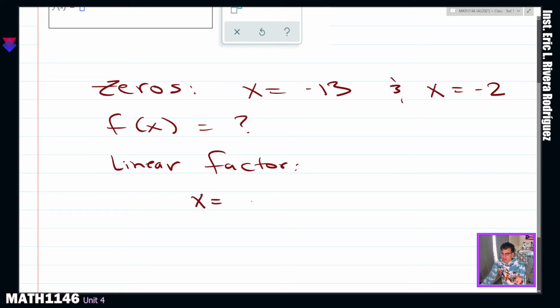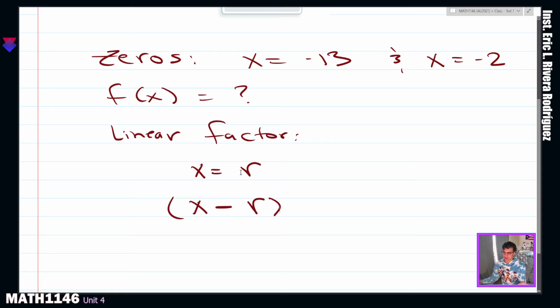So x is equal to r. r is representing the zero, right? If x is equal to r, the linear factor is going to be x minus r. And I'm going to explain this to make more sense. So for the first one, we have x equals -13.